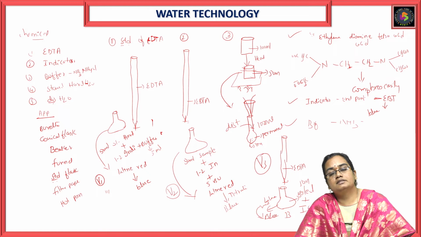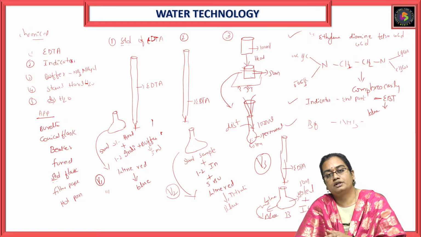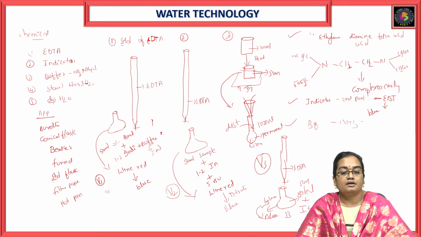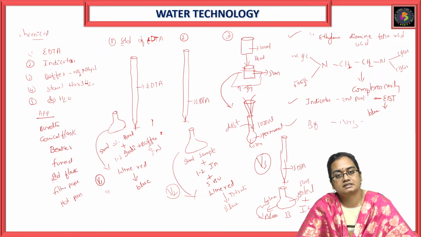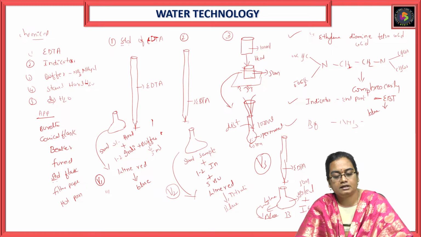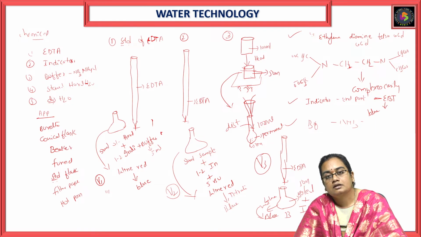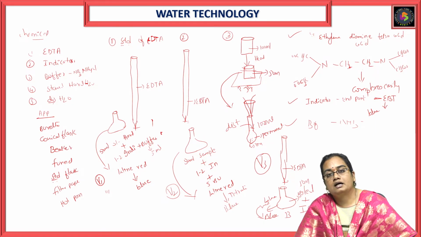Later, from that sample we take the boiled water into the conical flask. Now we have the V1 value from the first step, that is standardization of EDTA, the V2 value from the second step, that is calculation of total hardness, and the V3 value, that is calculation of permanent hardness.